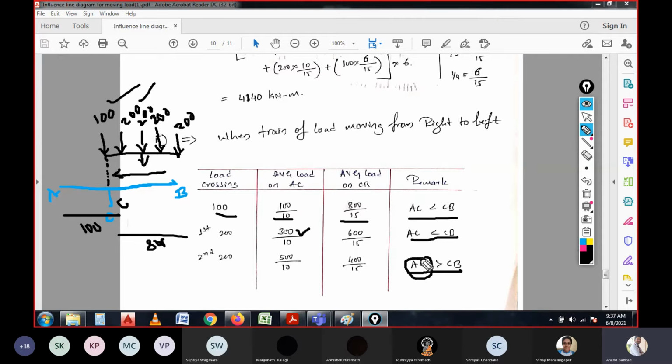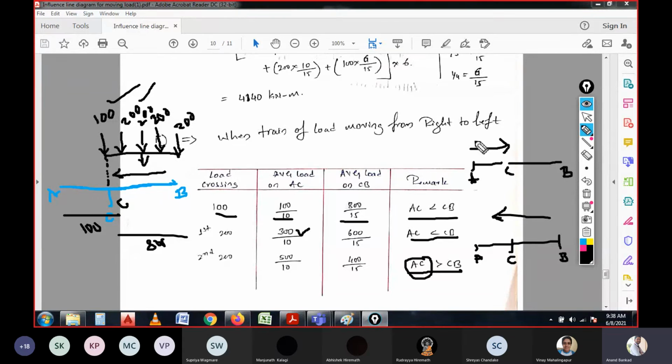So for this, what we have done previously, the load was moving from left to right, and on the span of CB we considered the maximum ratio of load. Again, here in this solution, we are having the load moving from right to left, and the span of AC should be having the maximum average load. This is the BC, and here it is AC.